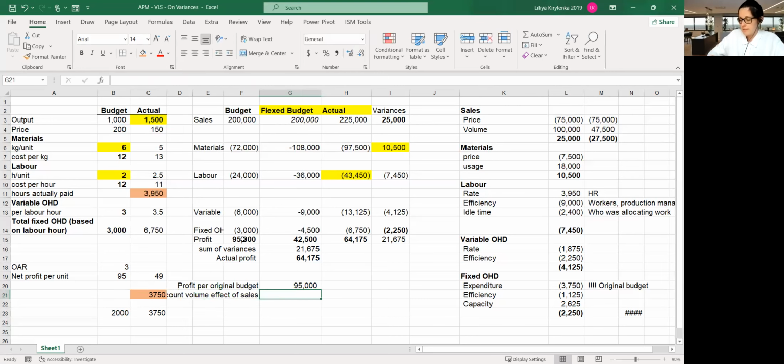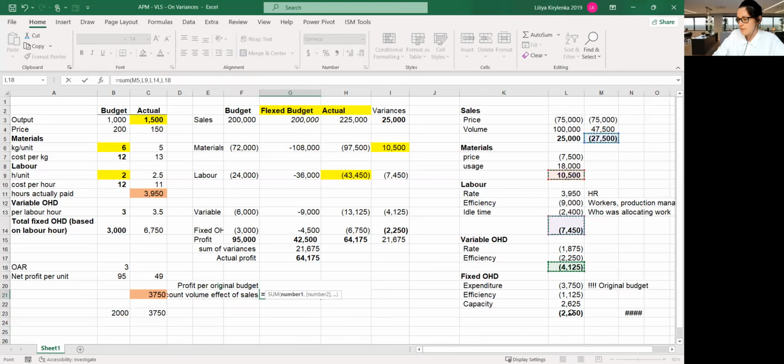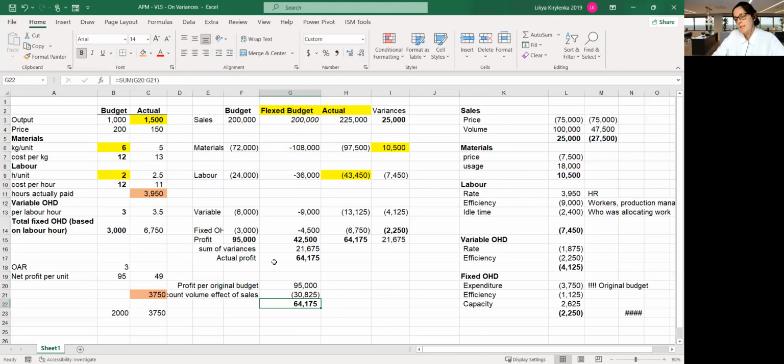And this means that I will need to sum 27,500, and the rest of the variances are going to stay the same. And now let me find the total of these two figures. Oh, look, that is what we needed to arrive at our actual profit from the original budget.